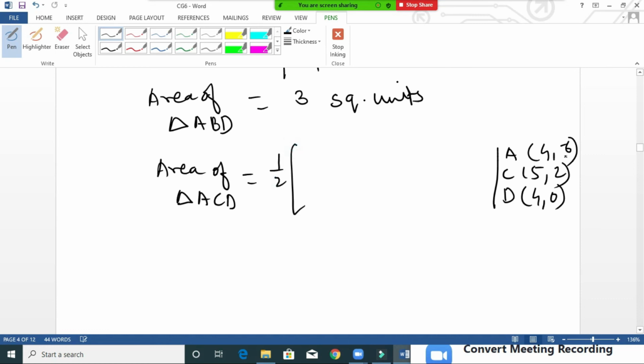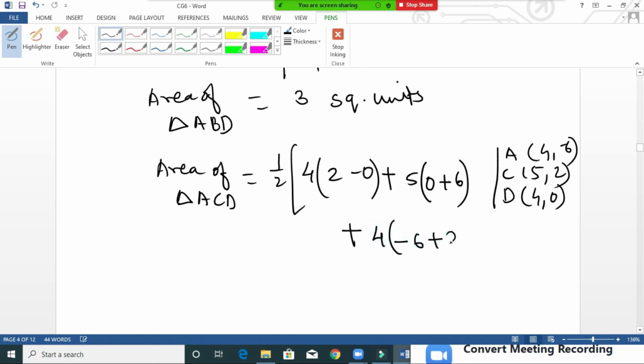So half into 4 into 2 minus 0 plus, I am directly substituting values. So 5 into y3 minus y1, so 0 plus 6, plus x3 is 4 into bracket minus 6 plus 2.